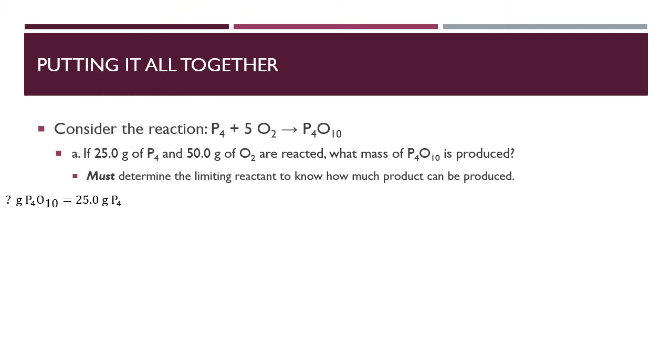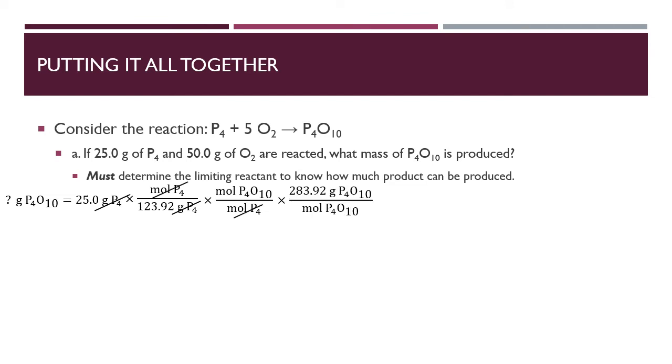So again, these are just gram, mole, mole, gram problems. I want to know what mass of product, how many grams of P4O10, are going to be produced if all 25 grams of phosphorus react. So again, just using a gram, mole, mole, gram calculation, convert my grams of P4 to moles of P4. Now I use the mole to mole ratio of 1 to 1.